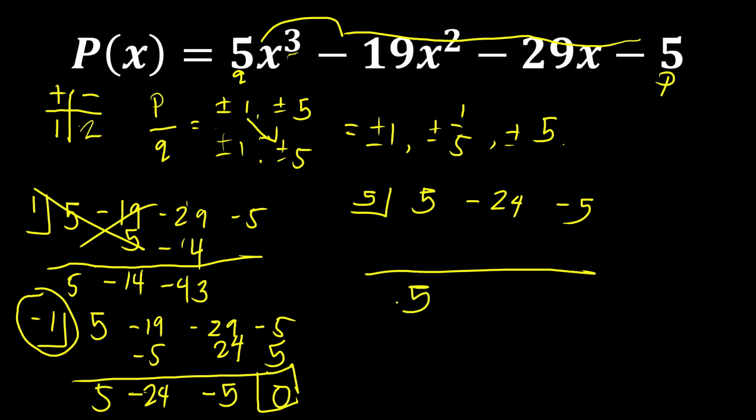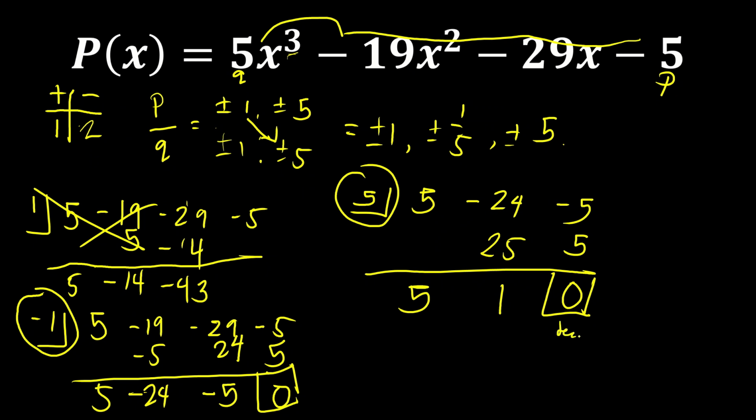So, we have bring down again 5. 5 times 5, 25. Negative 24 plus 25 is 1. 1 times 5, 5. Negative 5 plus 5, 0. So, na-tsempohan natin, no? Nag-0 dito, so positive 5 is one of the correct answers. Again, we have negative 1 and positive 5.